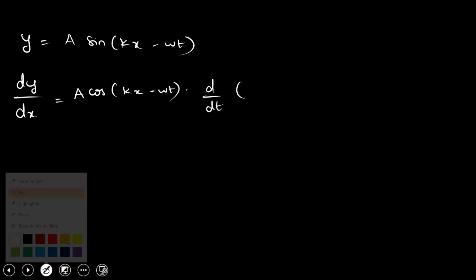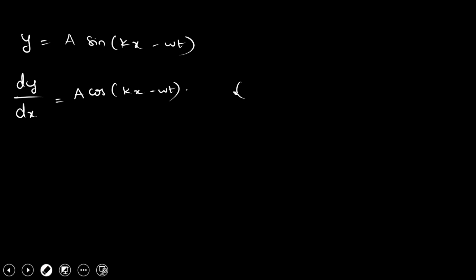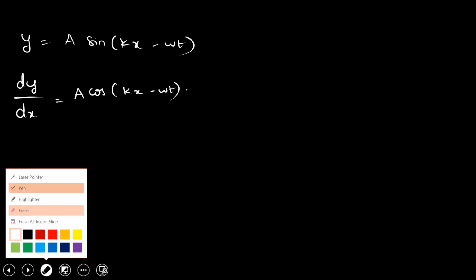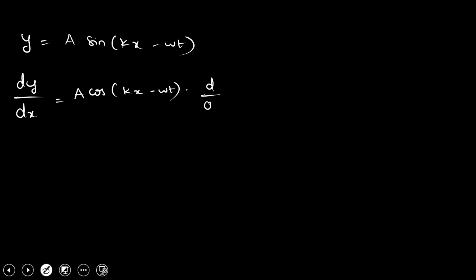Sorry, d by dx. Correction. Into d by dx of this kx minus omega t. Am I right? So what will we get? We will get a cos of kx minus omega t into the derivative of kx minus omega t with respect to x.